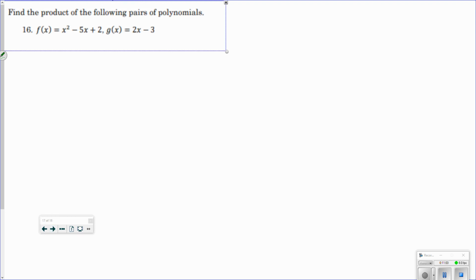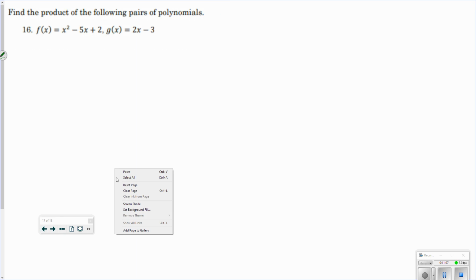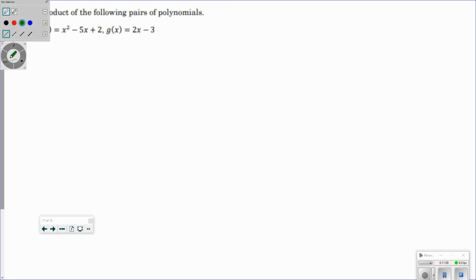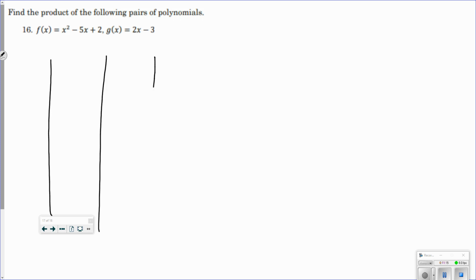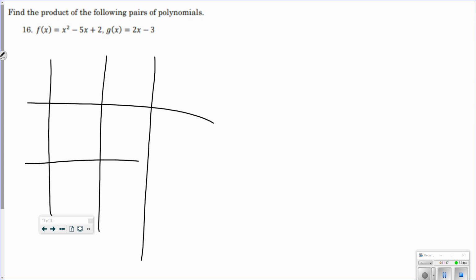Now find the product of the following pairs. This one you can distribute out or use the box method. So I'll show the box method again. So 3 by 2: x squared, negative 5x, 2x, and negative 3.